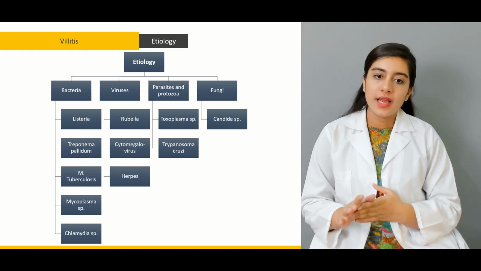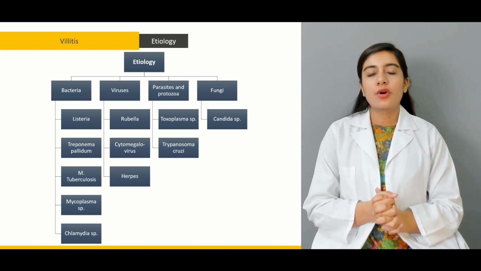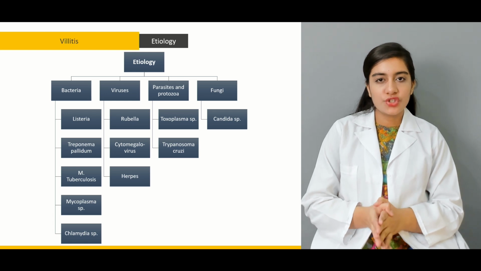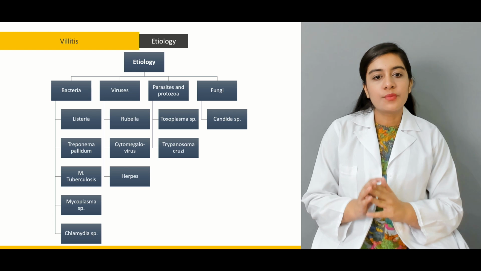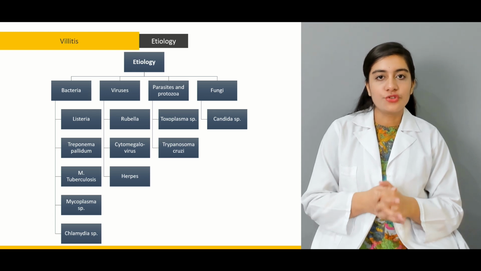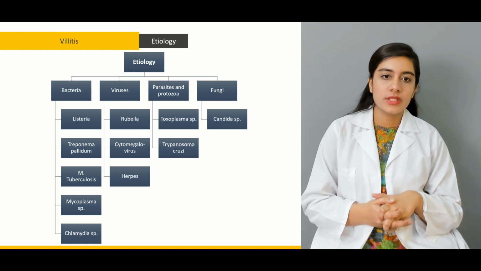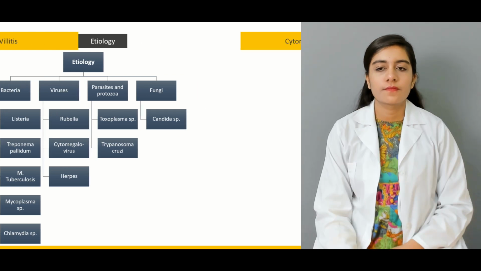After examining that, we will find out the cause of the disease depending upon the features of these organisms, and according to that, broad spectrum antibiotics are usually used for the treatment of the disease.